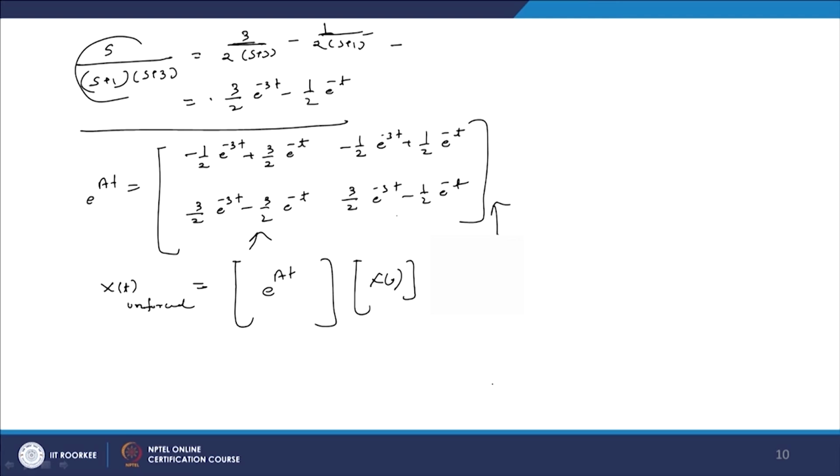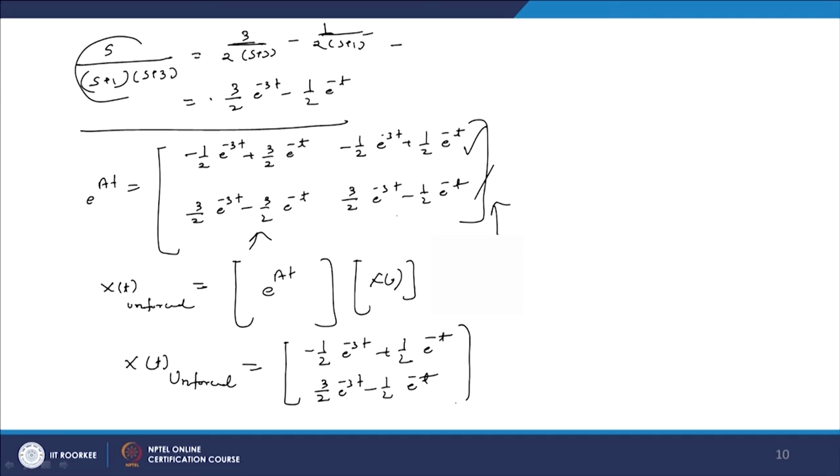The remaining will be the terms on this one, that is this element and this element. So, finally, the x of t for the unforced system we can write as minus 1 by 2 e raised to minus 3t plus 1 by 2 e raised to minus t, 3 by 2 e raised to minus 3t minus 1 by 2 e raised to minus t. So, we have done the part concerned with the unforced part.